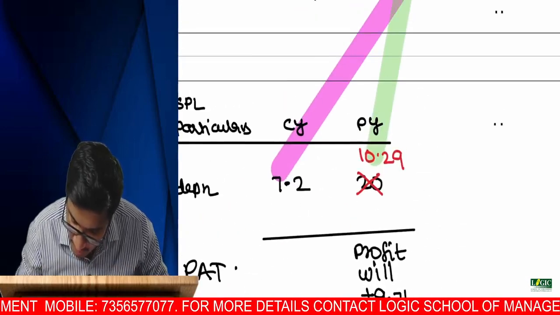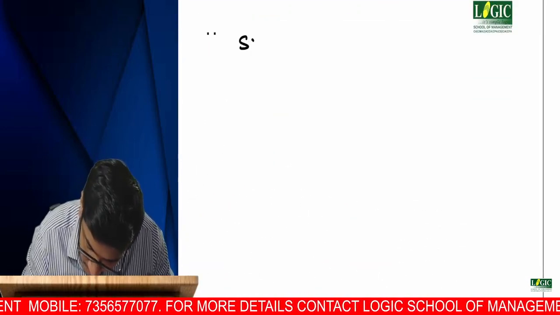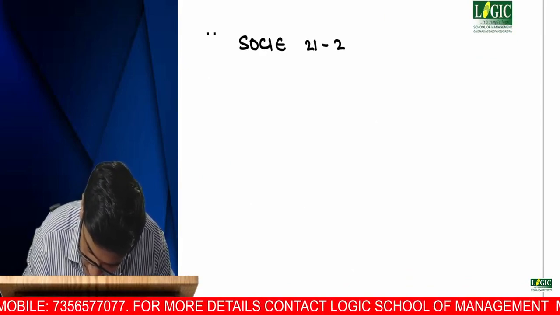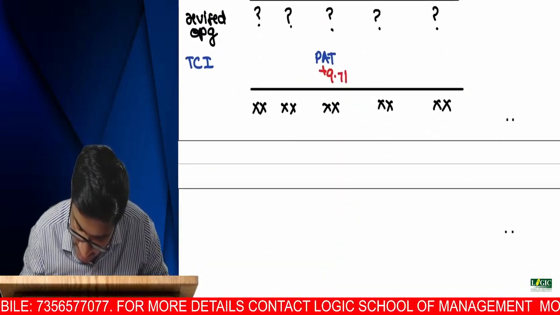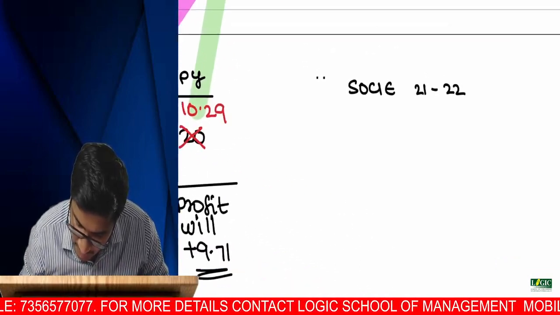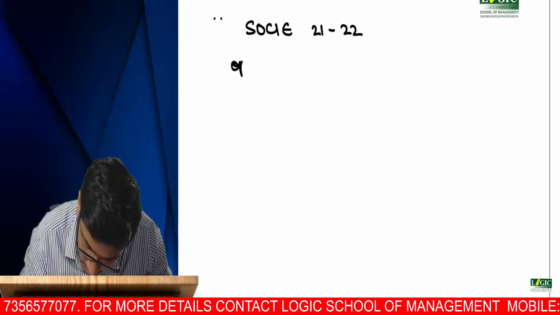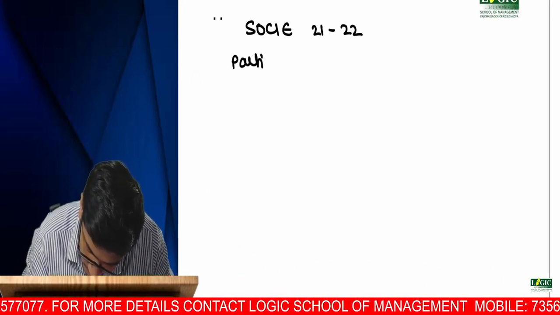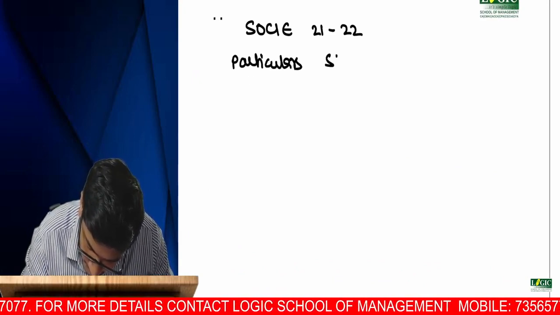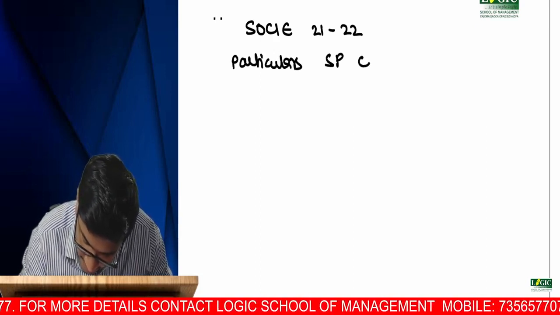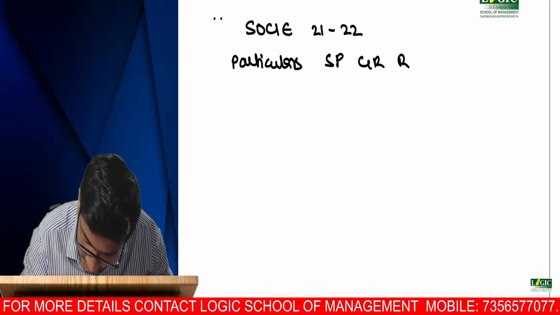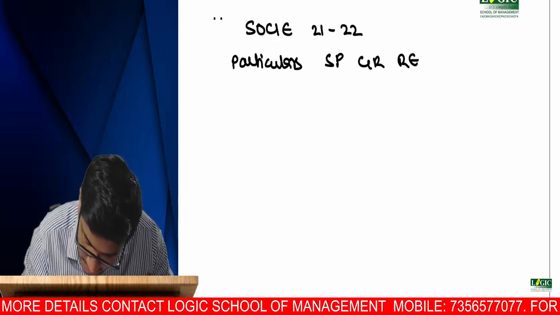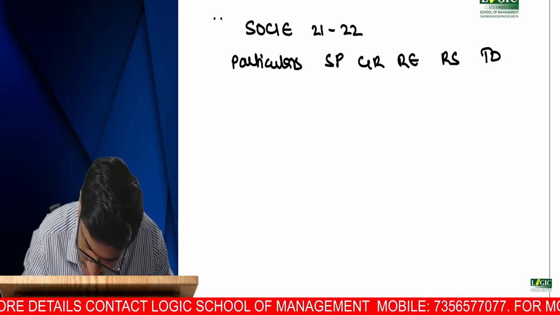If I'm able to get my closing figures, this becomes so, see 21, 22, so 19, 20 is there. I'll just simply copy those figures. Particulars, SP, general reserve, retained earnings, revaluation surplus, total.